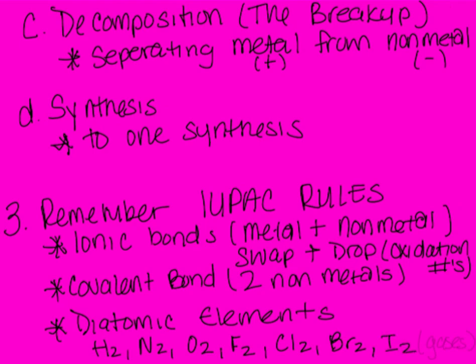Your 7 diatomic elements must always be paired with the subscript 2 because in nature they are never found alone. This is very important. Now, I also want to note that when these elements are by themselves, they are in a gaseous state. They're gases.